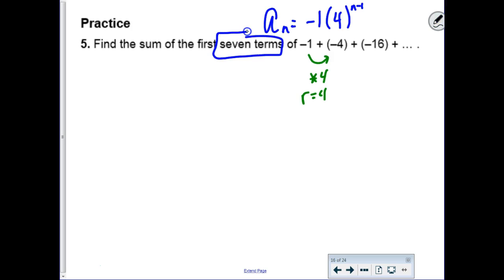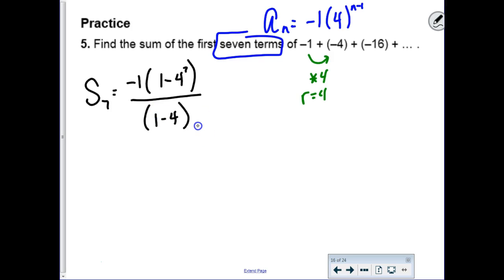So if you are a fan of this new formula, not the infinite one, because this is not an infinite guy, but the other one, you would have to type very carefully in your calculator, -1, and then make sure this next part is in parentheses. 1 minus, you don't need to have parentheses around the 4 to the 7th power, but you do need parentheses there, divided by 1 minus 4, which, yes, that is -3.